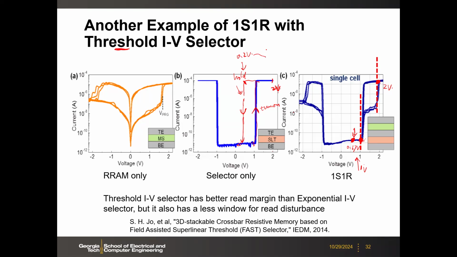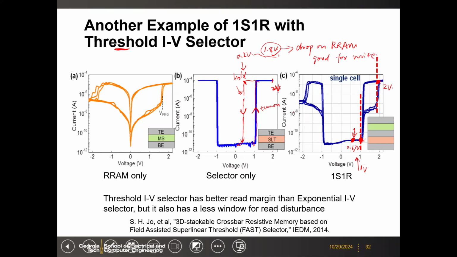That means the remaining 1.8 volts will drop on the R1, which is good for the write, because you get most of the voltage drop on the R1.